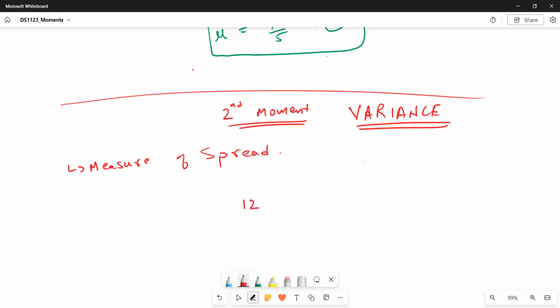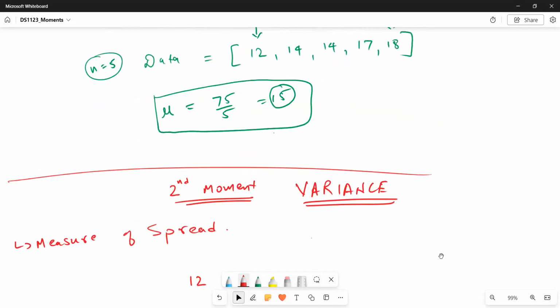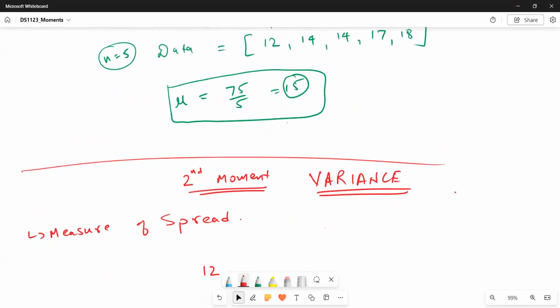We had 12, 14, another 14, followed by a 17 and an 18. Same data here.